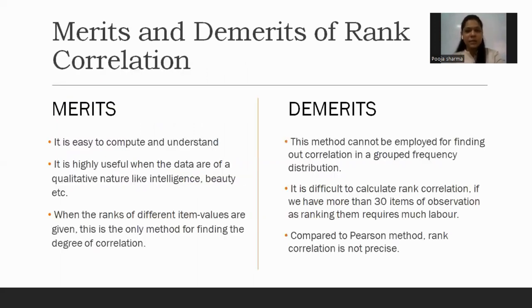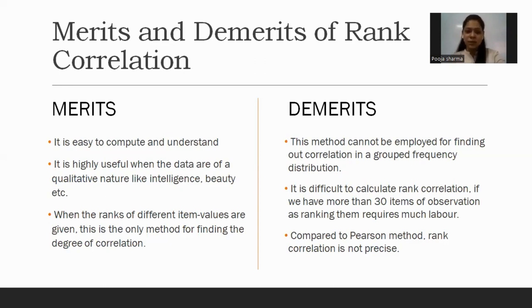Now, the merits and demerits of rank correlation. The merits are that it is easy to compute and understand. For example, here we have only one formula, for which we only have to calculate the value of d.